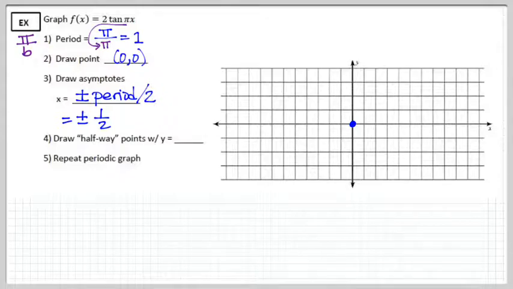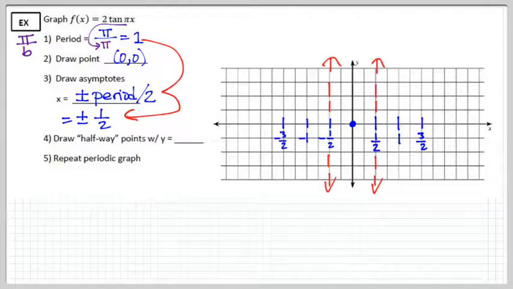So in this case, the period is 1, so we just plug that in. Plus and minus 1/2 will be our asymptotes. And you can see our period here now has length 1, and this point 0, 0 is right exactly in between the two asymptotes.